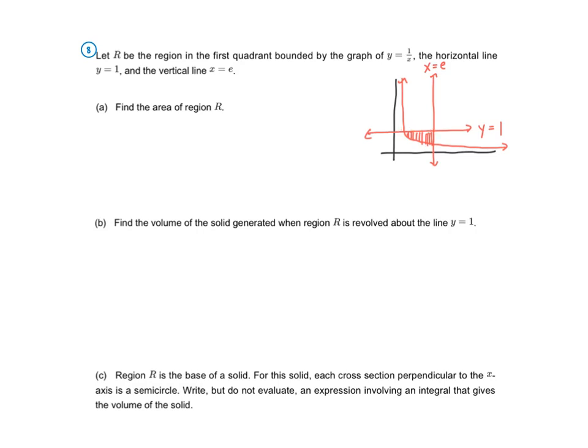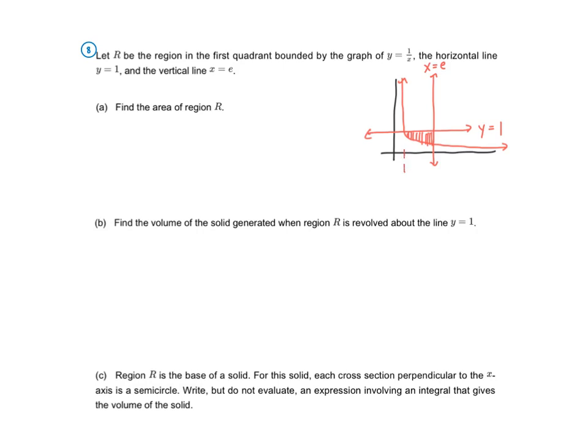Now we see that this area is this top. We could do top minus bottom, and we're going to do that from where these intersect. You could set these equal to each other: this is y equals 1 and this is y equals 1 over x, and set 1 over x equal to 1, and you get x equals 1.